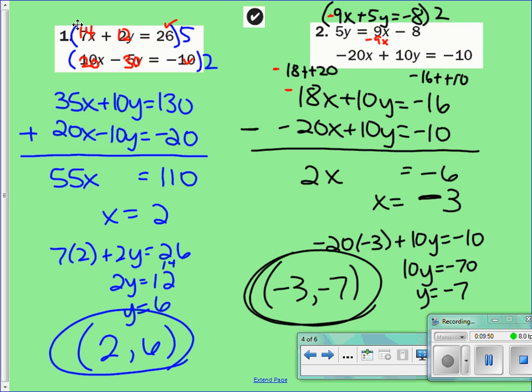And when I double check that in the original, that means that negative 35, 5 times my y, equals negative 27 minus 8. Yep. And negative 20 times x is 60 plus negative 70, and that equals negative 10.